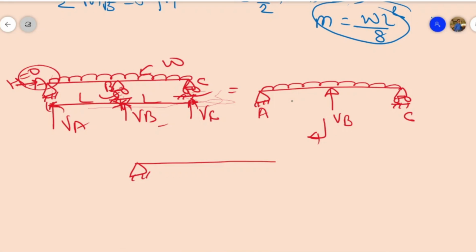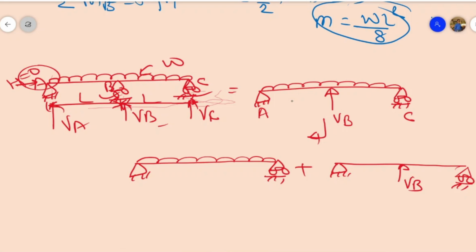Here is the pin support, with the UDL load acting, and here is the roller support. One vertical reaction is VB.